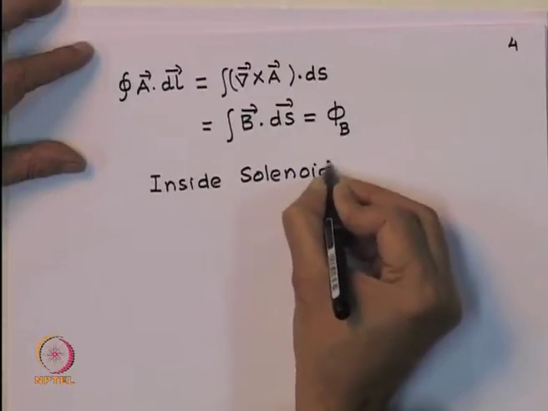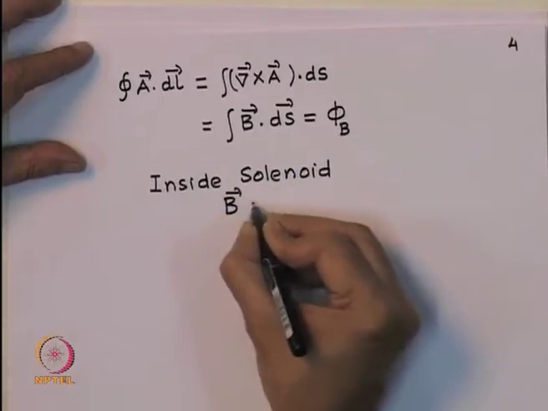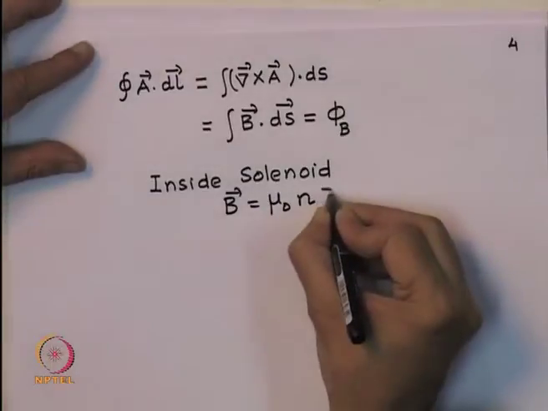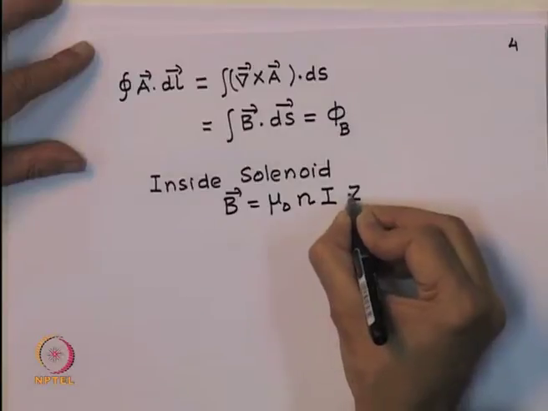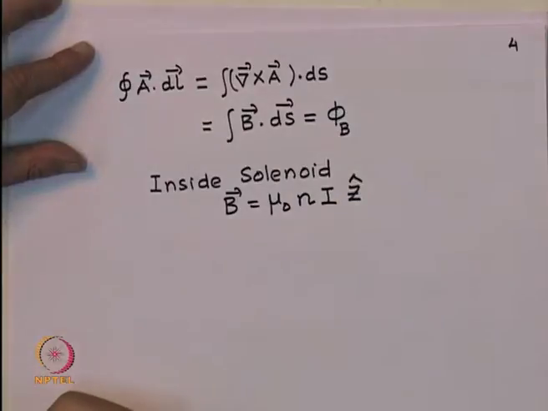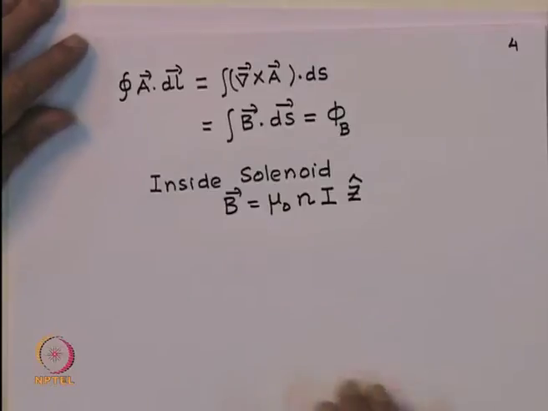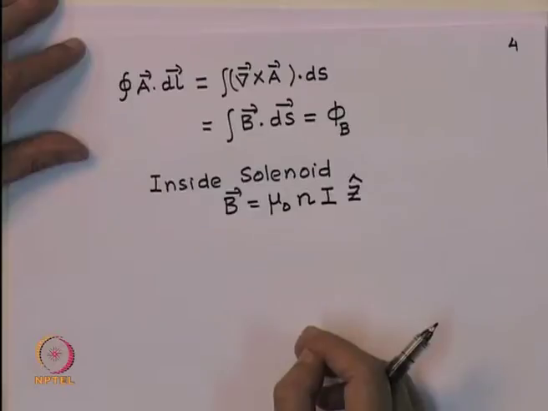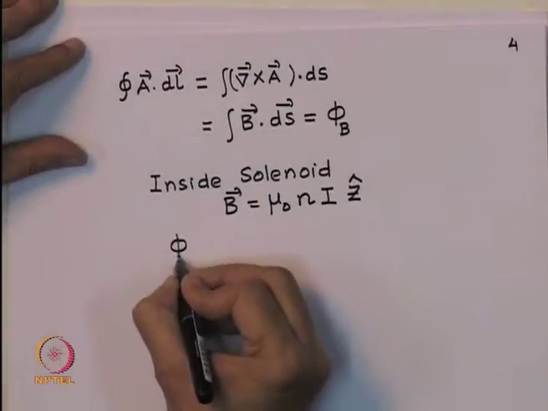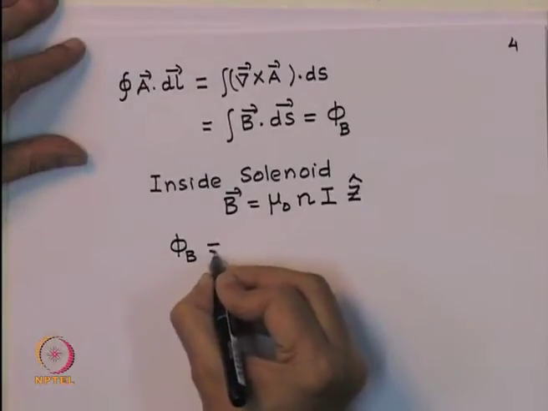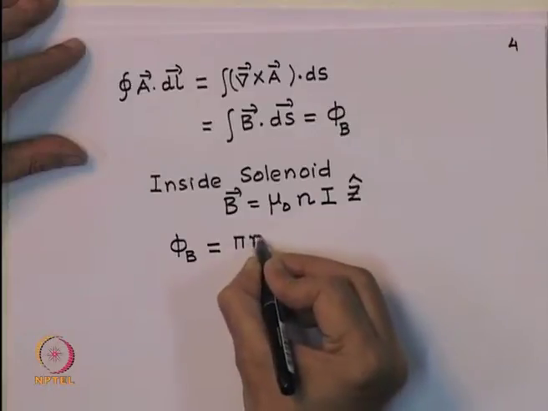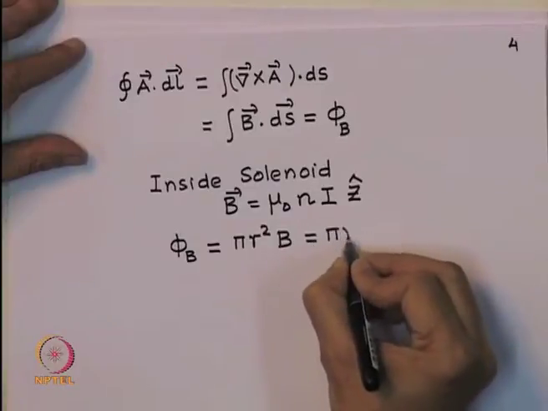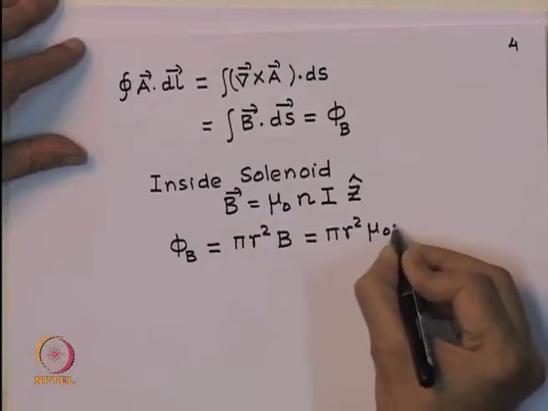So, I expect inside the solenoid the magnetic field B to be given by mu 0 n, which is the number of turns per unit length, times the current, and it is along the z direction. So, if I take a circle of radius small r, since the magnetic field is constant, the flux phi through that surface will be given by pi r square times field B, which is pi r square mu 0 n I.